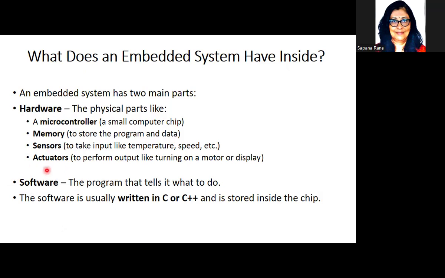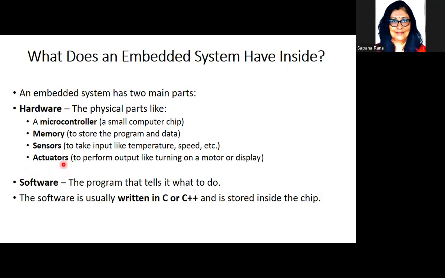Now, let us come to the another component of the embedded system, which is nothing but the actuator. Now, actuator is also similar to sensor, but it does it in reverse way. Meaning is that we are providing electric signal to the actuator, and actuator is converting this electrical signal to some action.